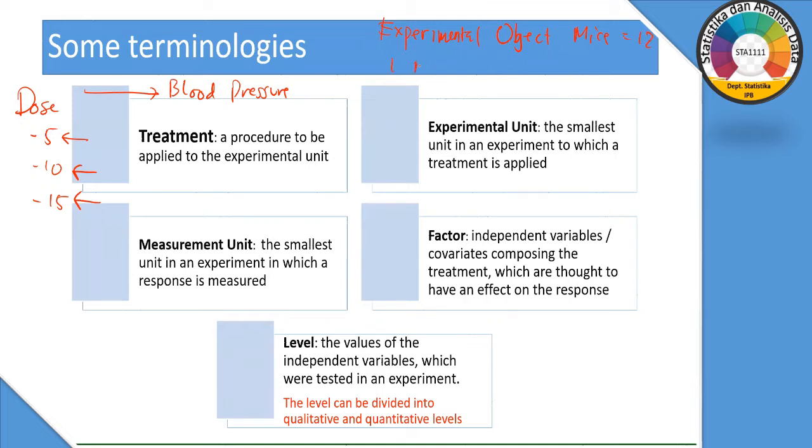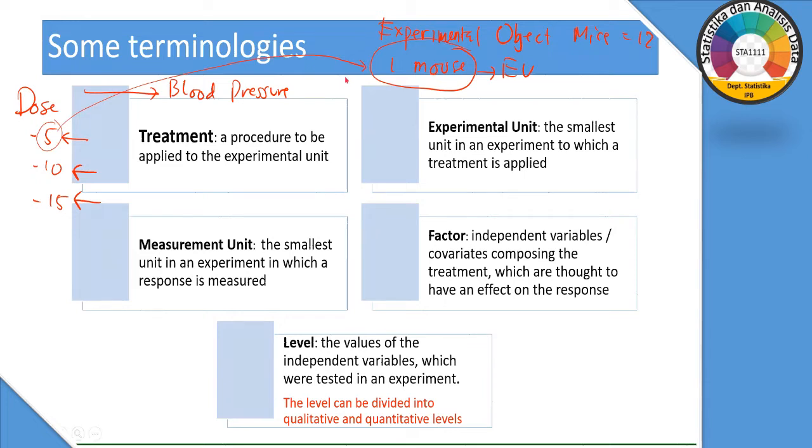One mouse will receive a single treatment. So this single mouse here is the experimental unit, right? Here the smallest unit, one mouse in this case, is the smallest unit in the experiment to which a treatment is applied. Because later on, the dose of 5 will be applied on a single mouse.